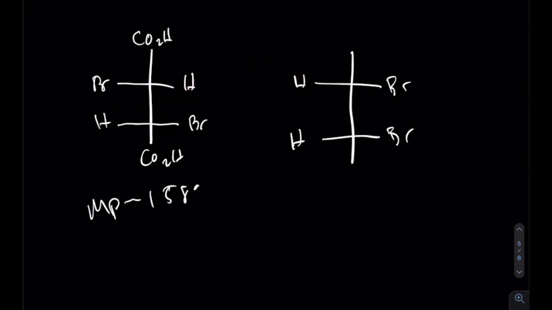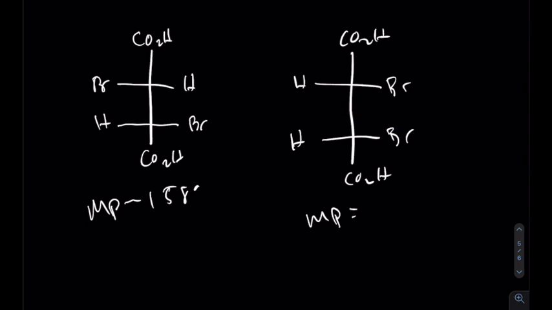And you can see that, as I discussed in the last lecture, one of these molecules has a dipole no matter what you do, and you can look at the last lecture. That one gives you a higher melting point than the other one, in which you really can't create a dipole.